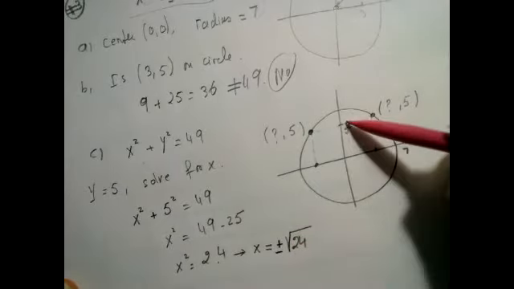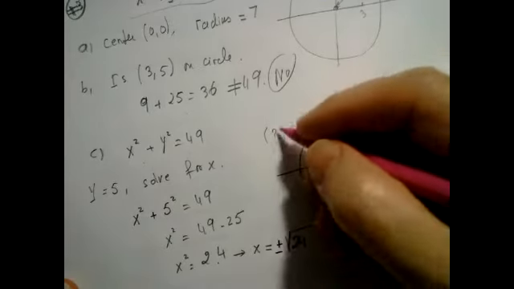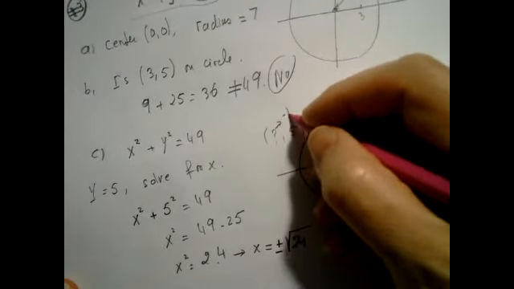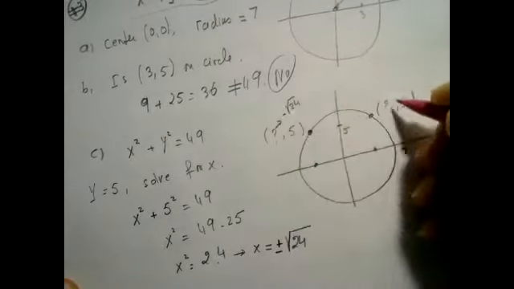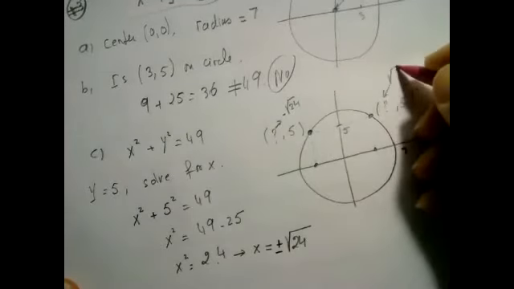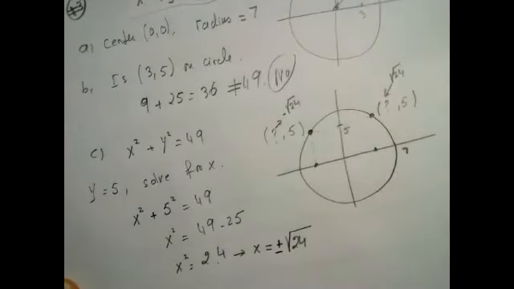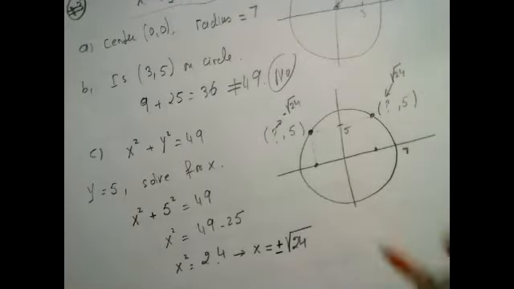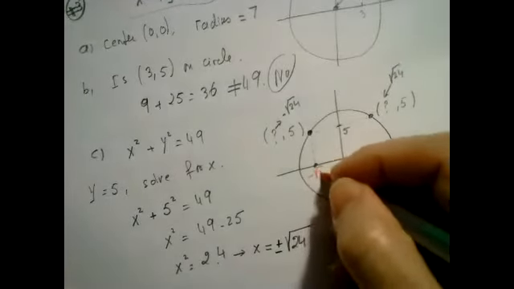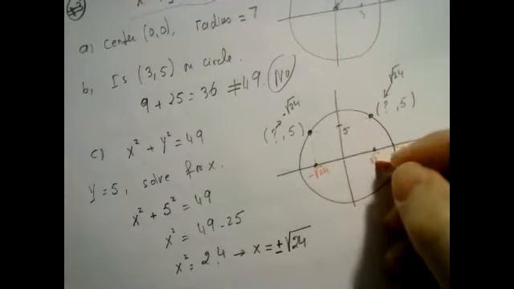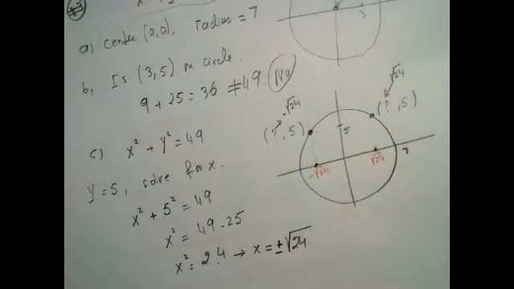This point here is going to be minus the square root, and this right here is going to be the positive square root, because even the picture tells me you have 2 points that have the same y coordinate. So minus the square root and plus the square root.